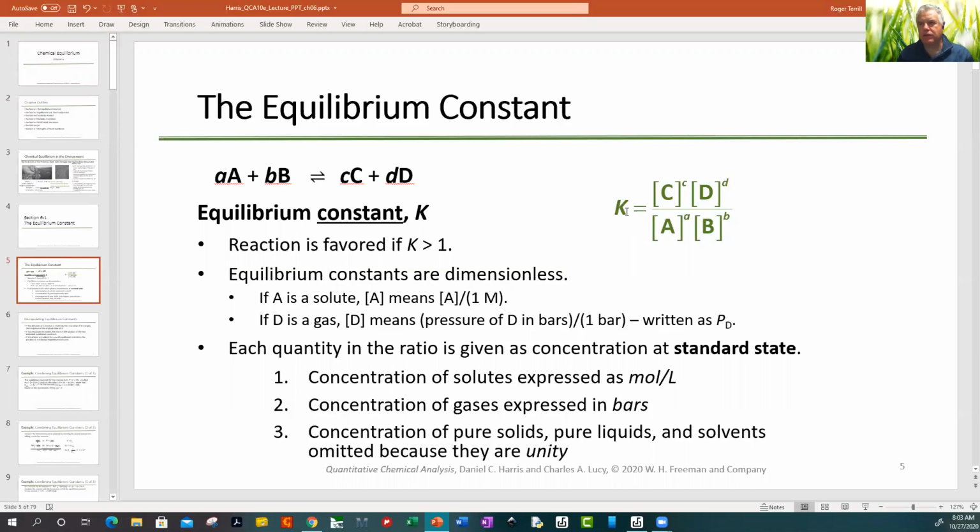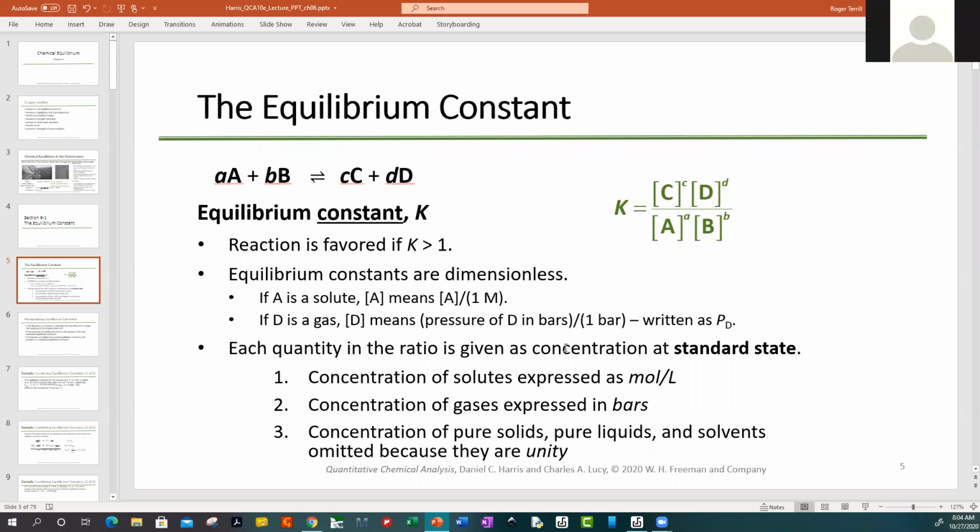The constant itself is dimensionless because the bracket C here really means C over its standard concentration, typically 1 molar. If it's a gas, it's a pressure in bar.